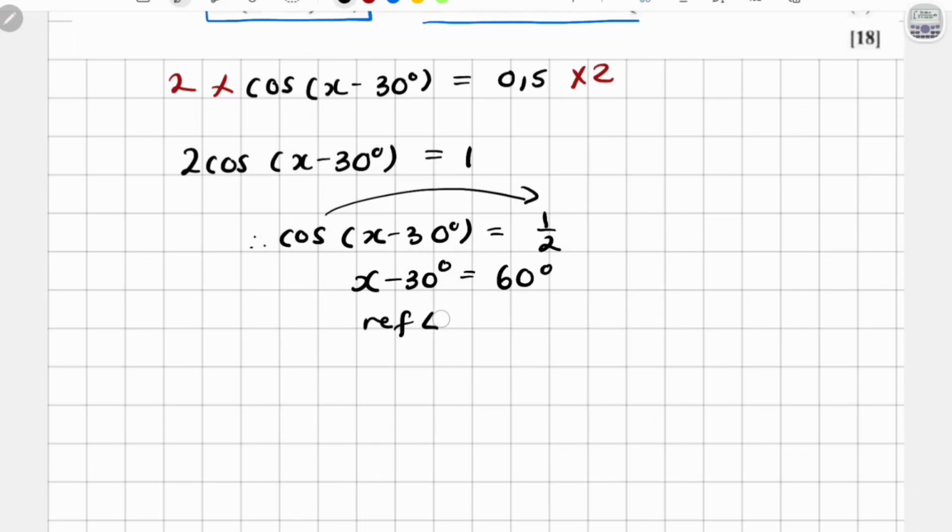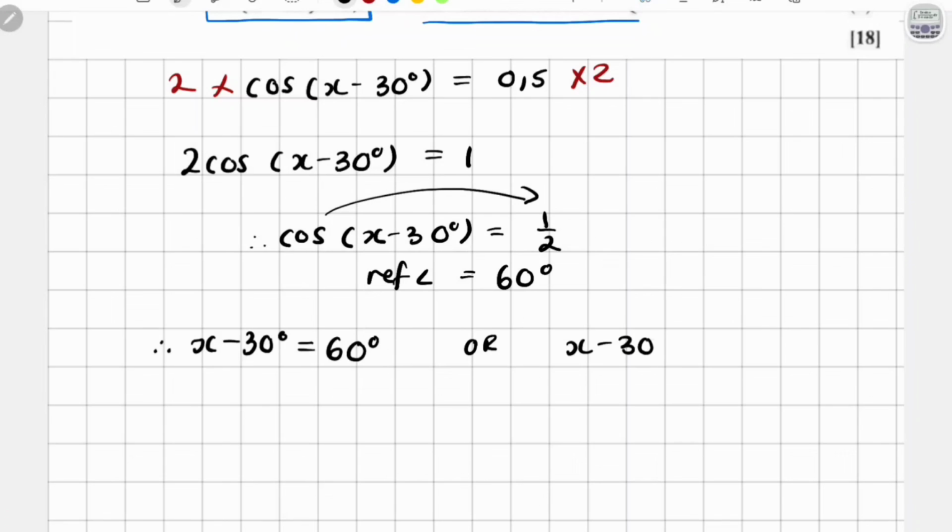So that's what's going to happen here. This 60 degrees, I'm going to see as a positive and a negative 60. For the sake of understanding, I will just say reference angle, but then it's 60 degrees. But when I'm actually solving for x, I'll say therefore, it either means that x minus 30 degrees is equal to positive 60 degrees, or x minus 30 degrees is equal to negative 60 degrees.